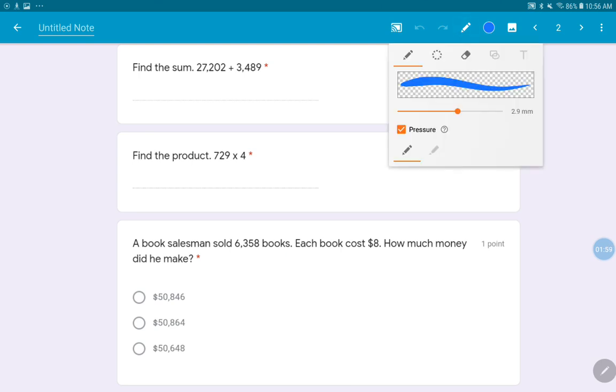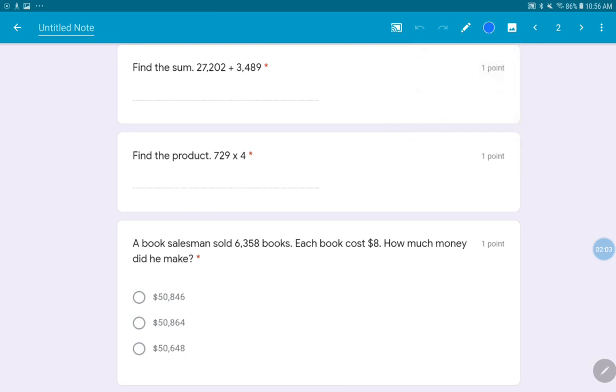What does sum mean? What are we doing when we find the sum, Ansley? Finding the answer to the two addition. Very good. We're adding. So we need to add 27,202 plus 3,489. I made sure when I wrote those that I lined up my place values.